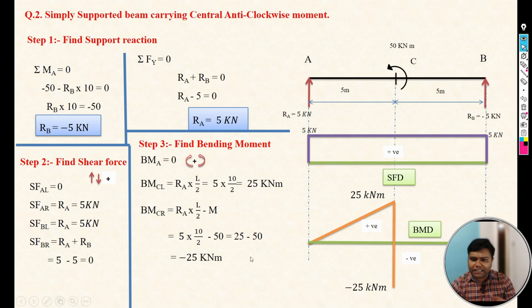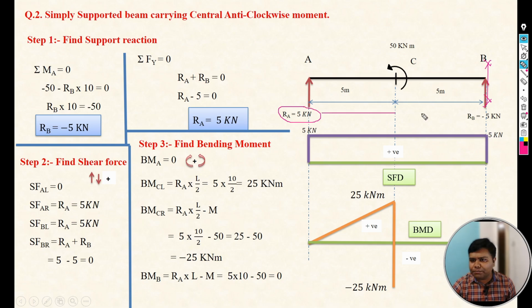Now when we take the section at the next point, that is B point, and calculate the moment there, we can see the moment of RA is RA into perpendicular distance, that is 10, okay, and the moment of this 50 is negative. So 5 into 10 minus 50.